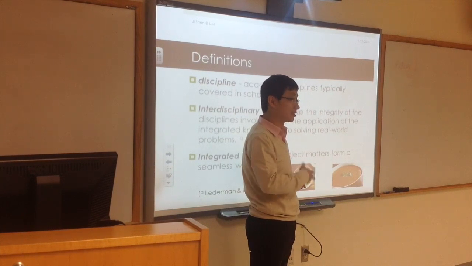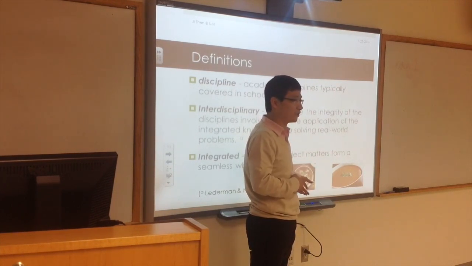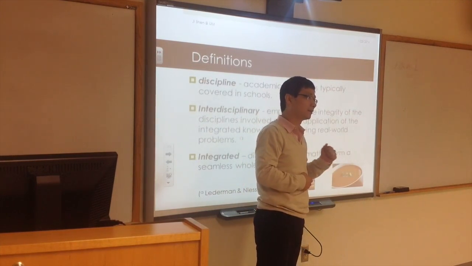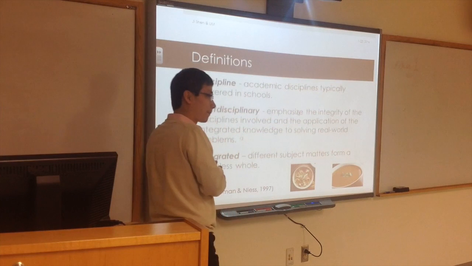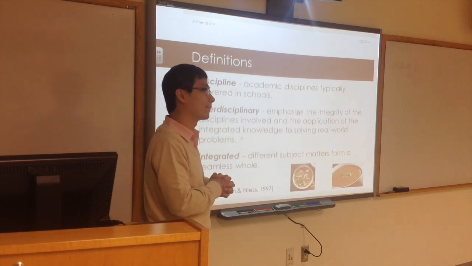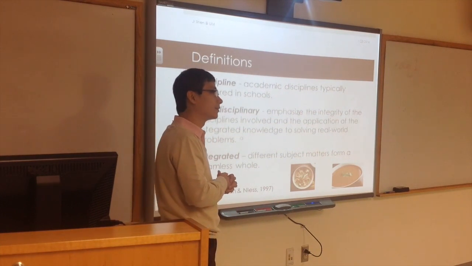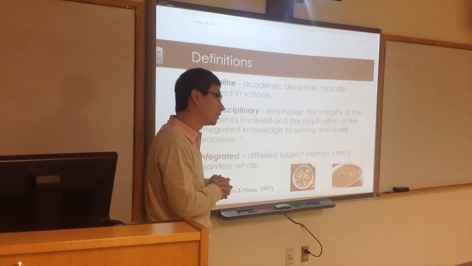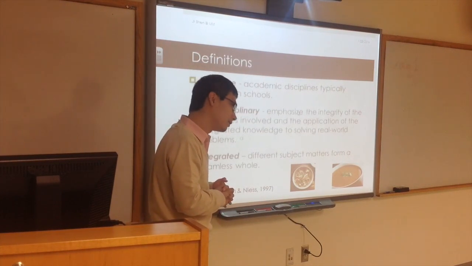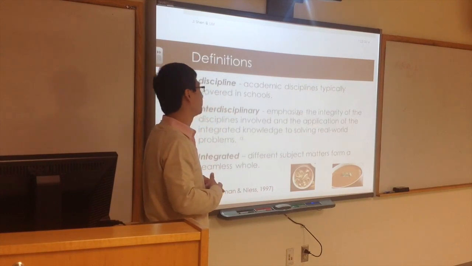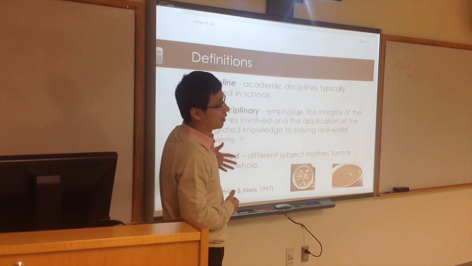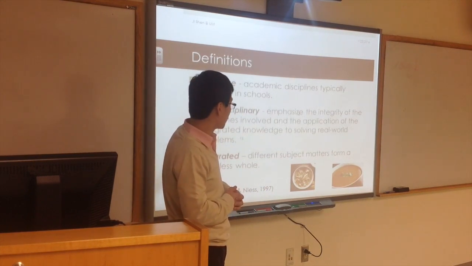You can still tell that there are different things. Integrated, you wouldn't necessarily be able to look at a piece and say, oh, I know exactly what this is made of. Interdisciplinary is kind of like heterogeneous, and integrated is like homogeneous. Right. Yes. Exactly. That's how I distinguish these two terms.